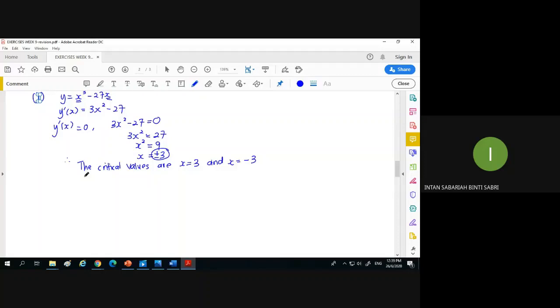Okay, next, kita nak cari critical point. Yang ni pun jangan confuse. Nak cari critical point, you masuk balik critical value into the original function.